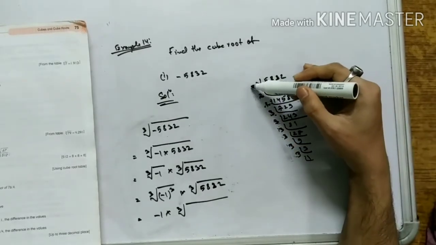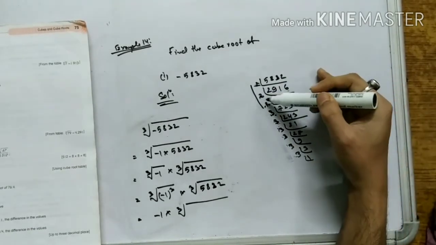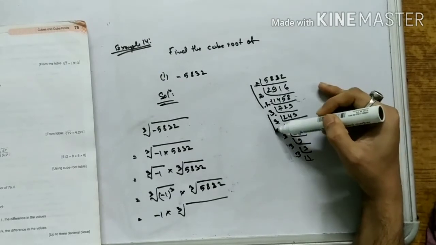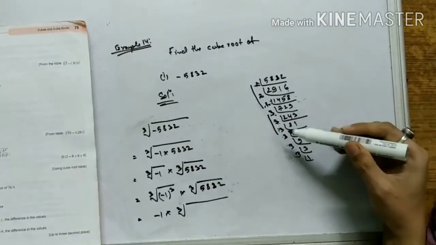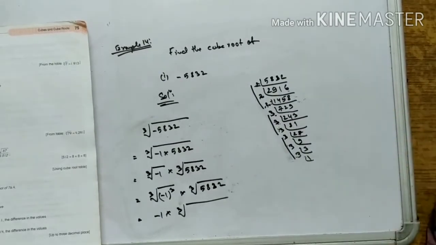So 2 cube, that is 2 into 2 into 2, one group; again 2 into 3 into 3 into 3, one group; again 3 into 3 into 3, another group. So I can write it as 2 cube into 3 cube into 3 cube.